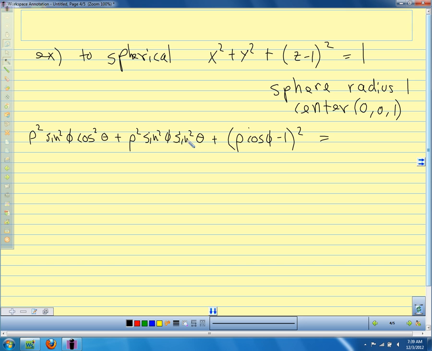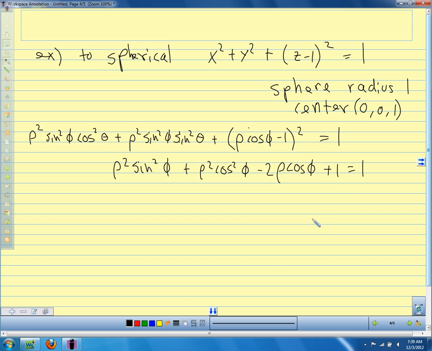So we just end up with a rho squared sine squared phi. If I factor that out, I just end up with cosine squared theta plus sine squared theta, which is 1. Plus, and we're going to expand this out, rho squared cosine squared phi minus 2 rho cosine phi plus 1. And that equals 1.